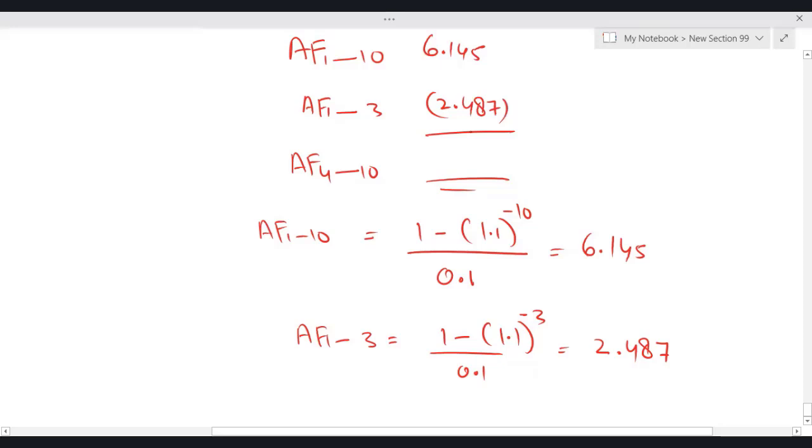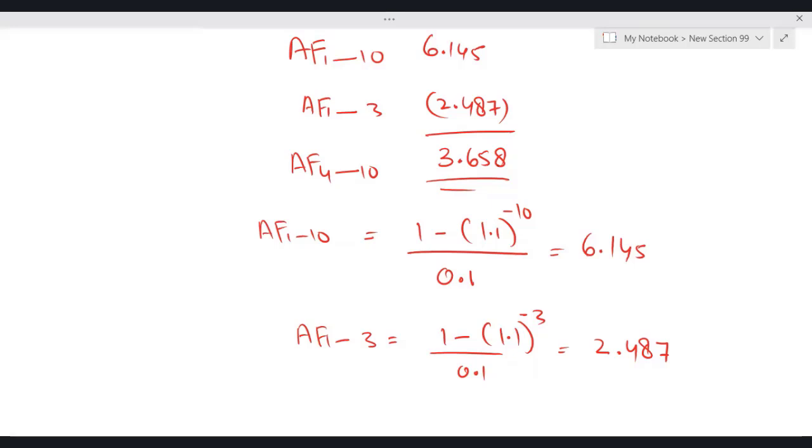So 6.145 minus 2.487, I'm getting 3.658. This is the annuity factor from year 4 till 10.